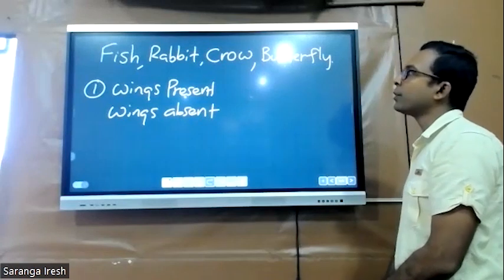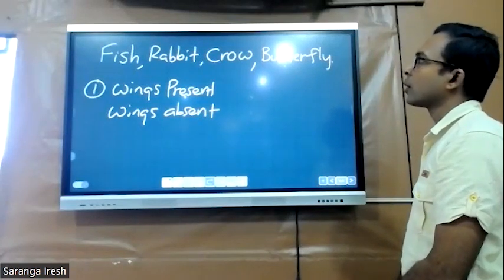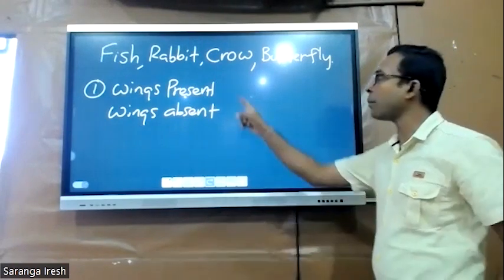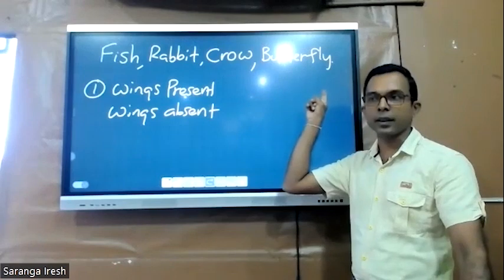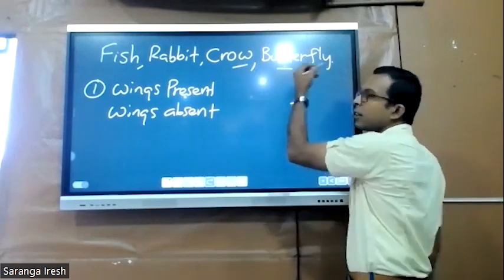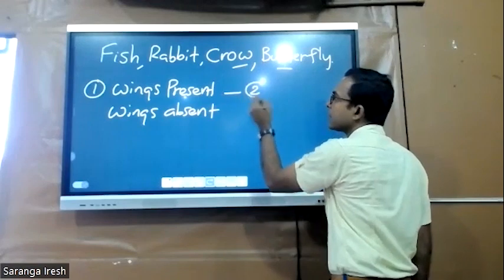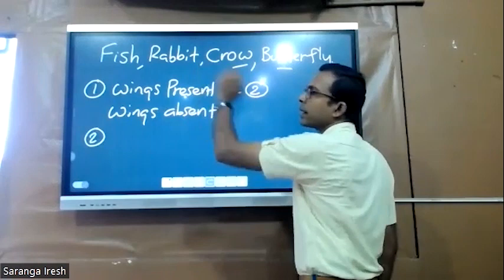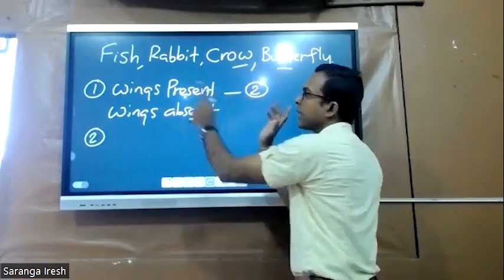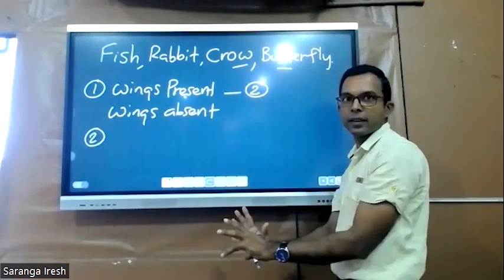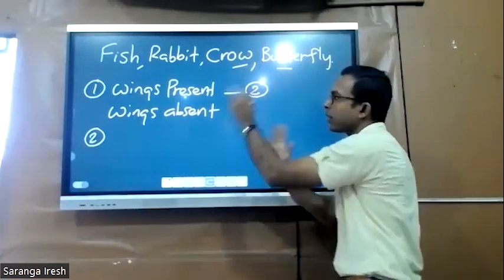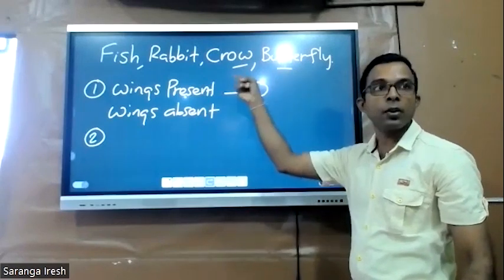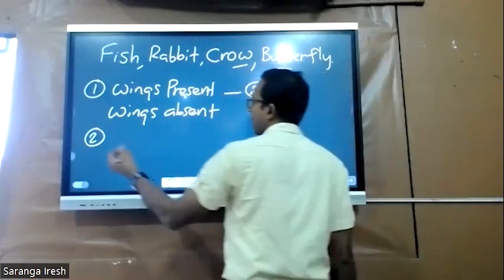How many organisms with wings are here? Crow and butterfly. I have two. Therefore, I am not writing the names of the organisms here. I am taking crow and butterfly to my second statement. Wings absent, I keep it there. What statement can I use to separate these two?